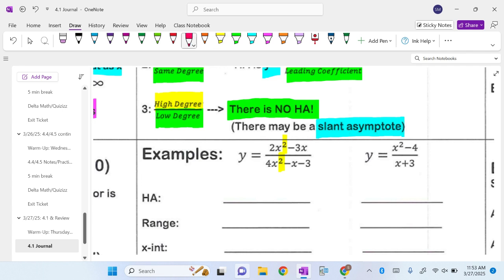So my degrees are equal. Because of that, I take my two leading coefficients, the 2 and the 4, because they're attached to the variable with the highest exponent, and put them over each other. So this would be 2 over 4, which simplifies down to 1/2. So y is equal to 1/2. That's where my horizontal asymptote is.